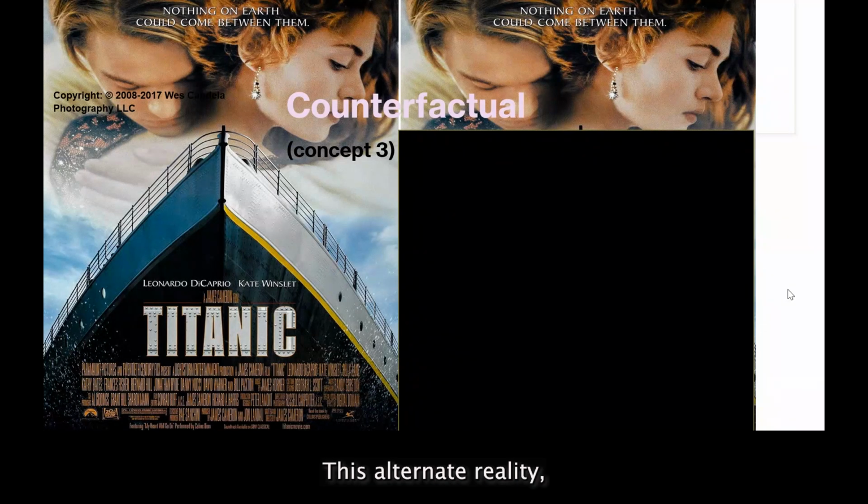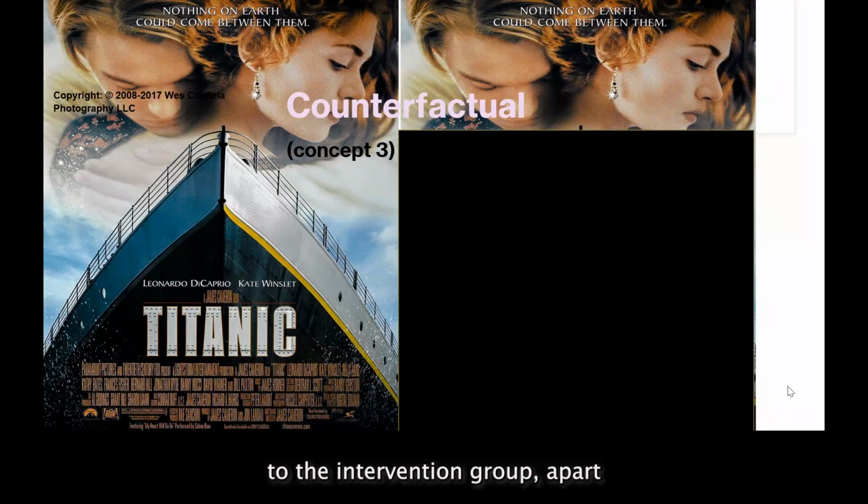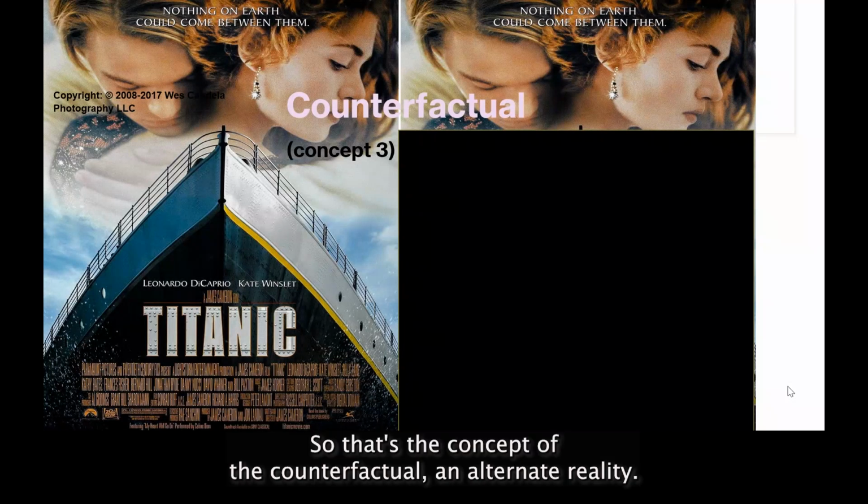The application of this alternate reality in epidemiology is the concept of the control group. The control group ideally should be similar in every respect to the intervention group, apart from receipt of the intervention. So that's the concept of the counterfactual and alternate reality.